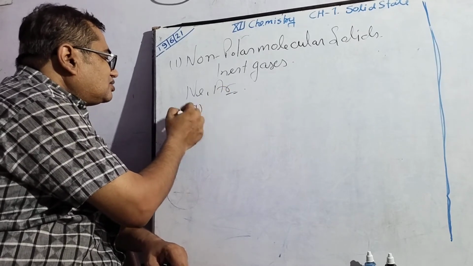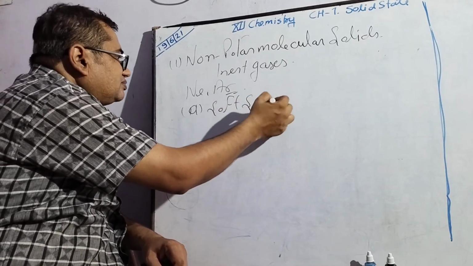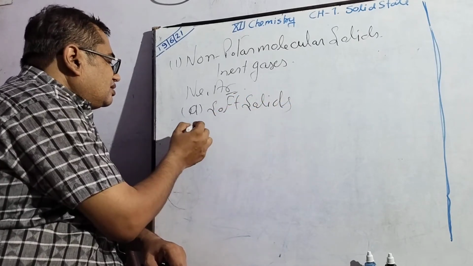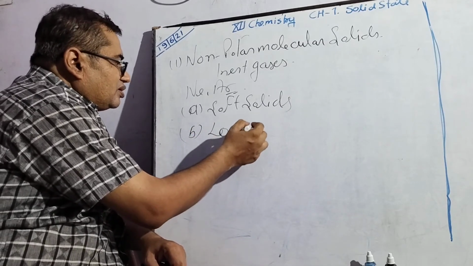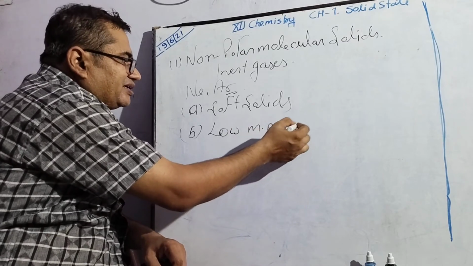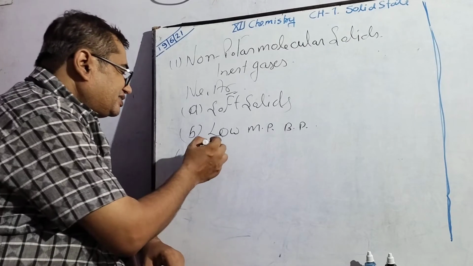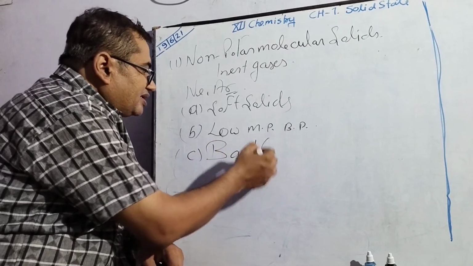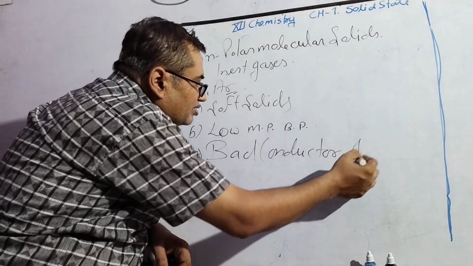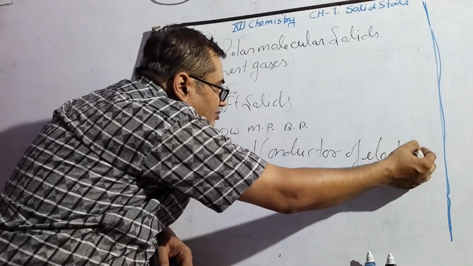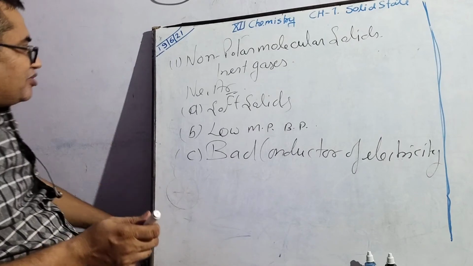These solids are also soft solids. They have low melting and boiling points. They are also bad conductors of electricity. So this was the second type of molecular solid.